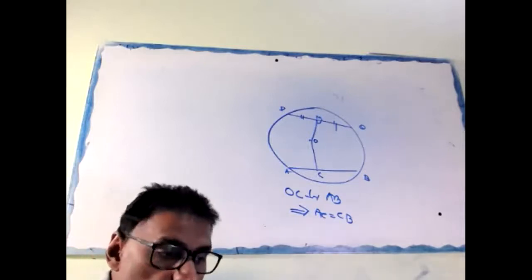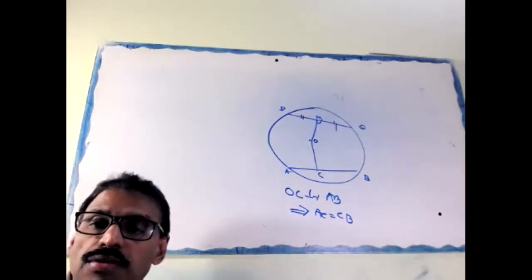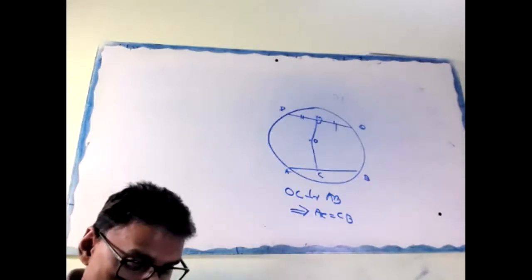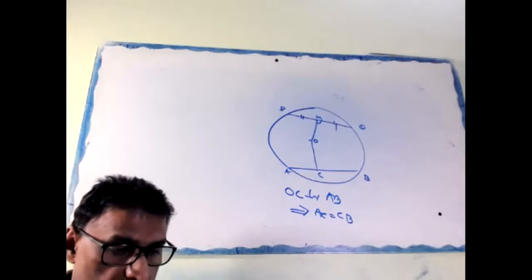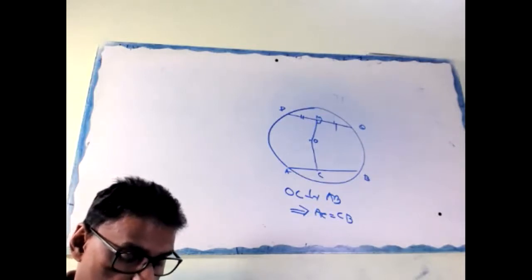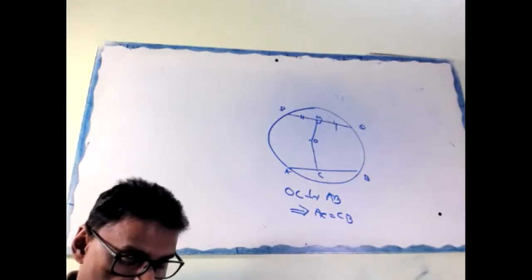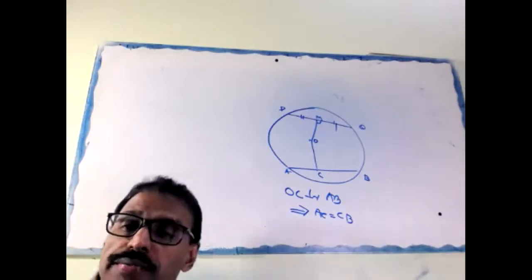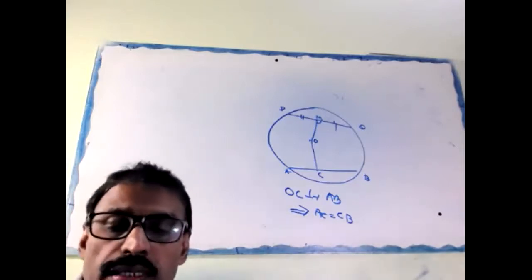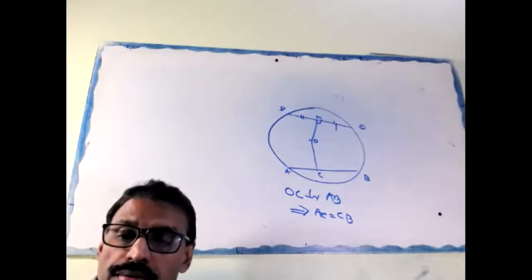Clear now? First theorem understood? The perpendicular from the center bisects the chord.